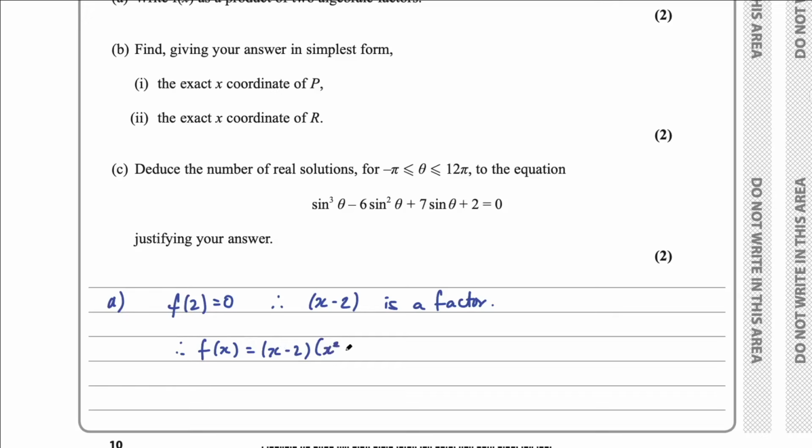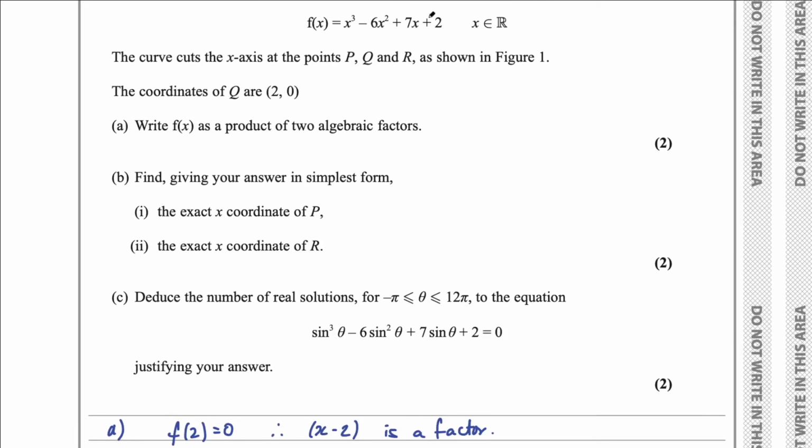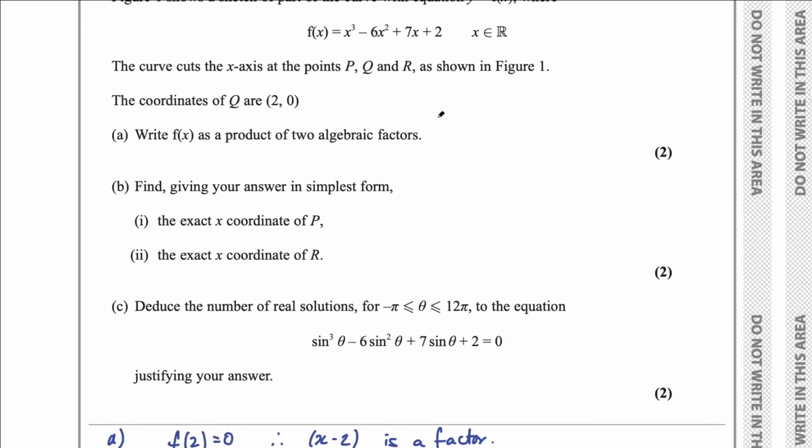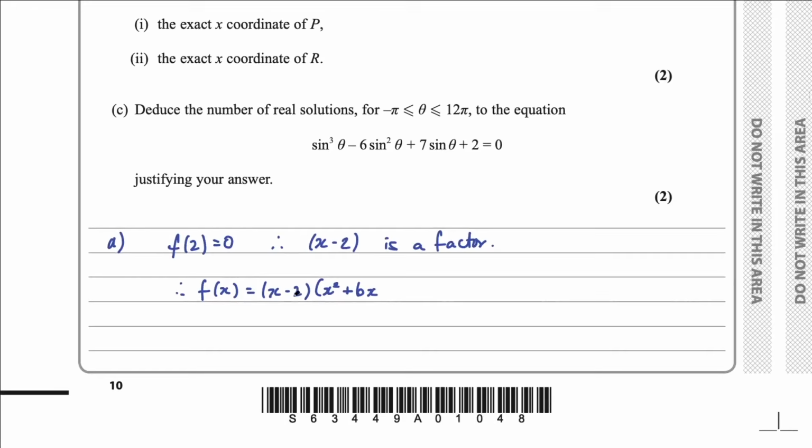Then we would have some b, and we can also work out c, because c times negative 2 must equal positive 2. So what times negative 2 equals positive 2? That would be negative 1.